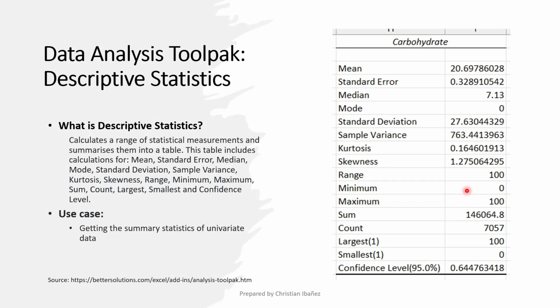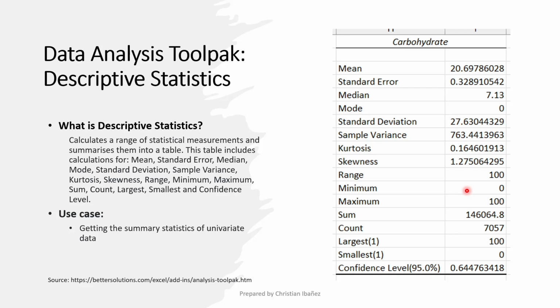For descriptive statistics, it's actually a collection of different statistical metrics, right? So for the Data Analysis ToolPak, it calculates a range of statistical measurements and summarizes them into a table.